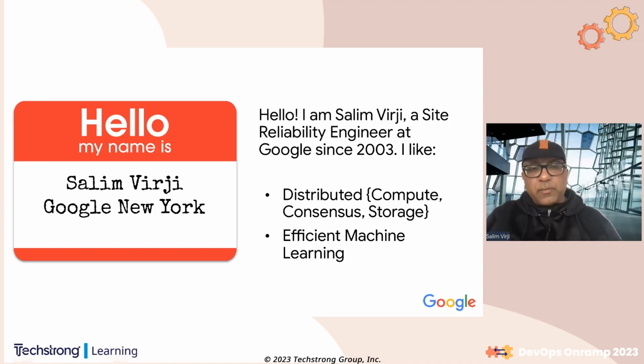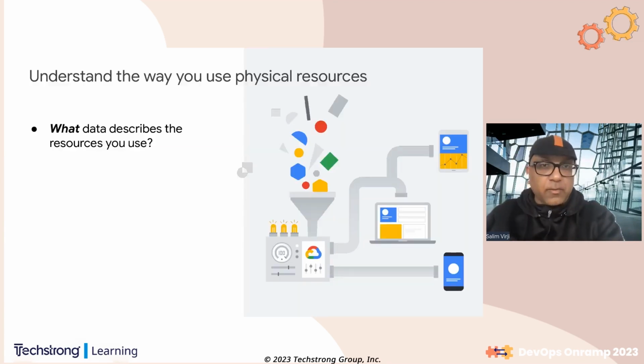And I hope to bring these experiences to bear as we get started with understanding how our own systems and your systems use physical resources. So the important part about understanding the way you use physical resources is that it improves the efficiency of your compute systems, the efficiency of the limited physical resources that you have, and it may even improve the efficiency of your organization, as you'll understand where you can best apply your time and effort.